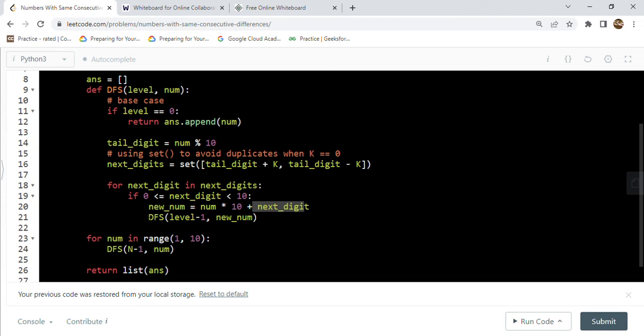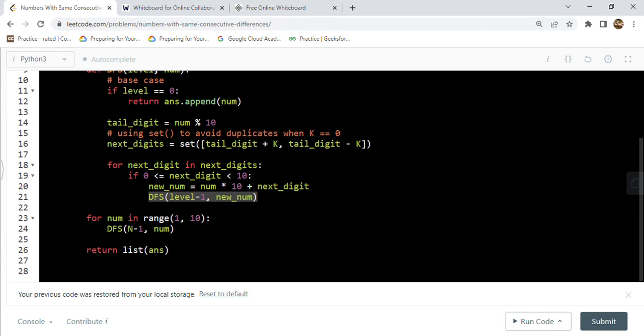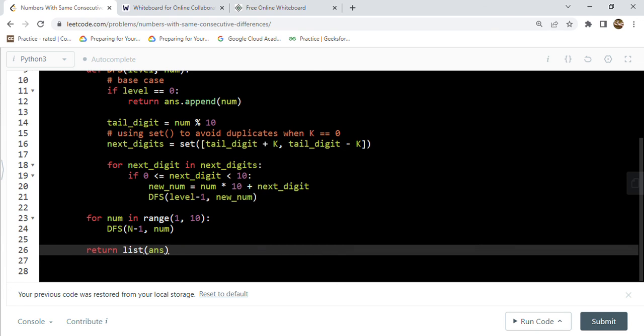And if the level is not 0, we have not reached the last level, then we are again calling DFS. Like this, when we reach the last level, we append the number and return it. At the end we are returning the answer list.